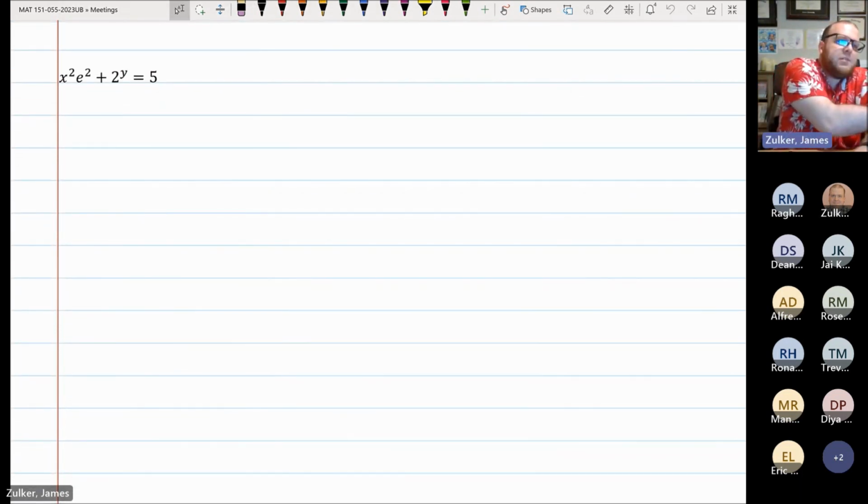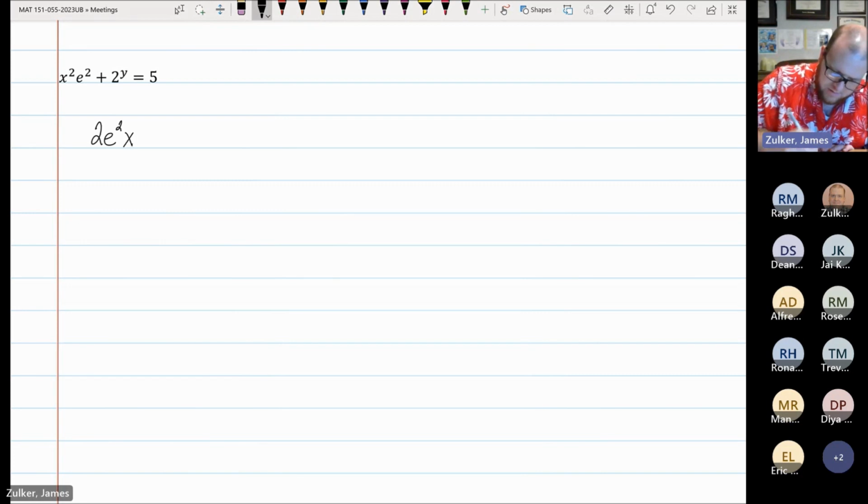Differentiate both sides. d dx of both sides. x squared times e squared. Well, isn't e squared a constant? So its derivative would be 2e squared x.